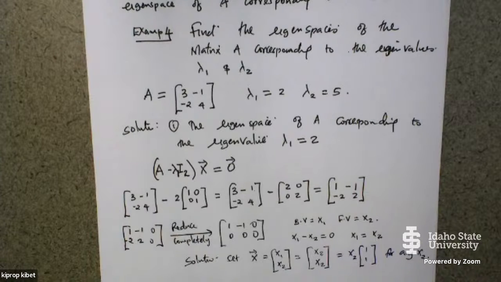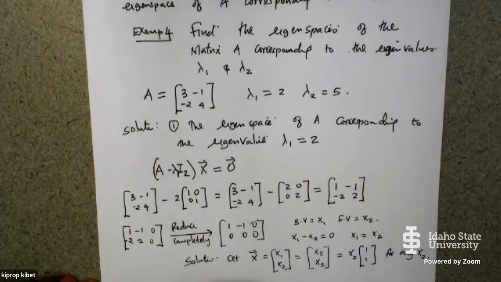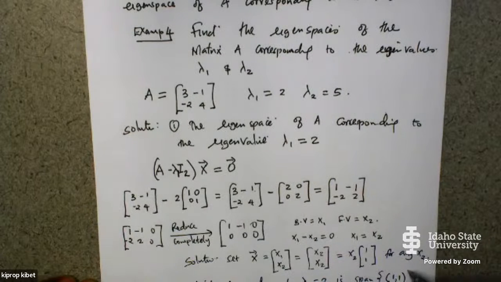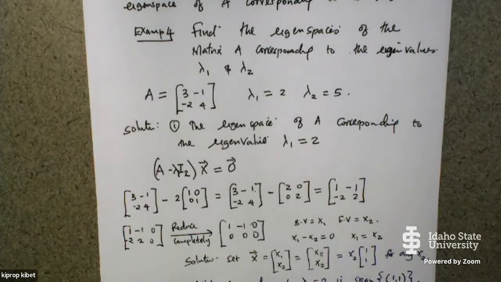And so therefore this is now our basis. So we can say the eigenspace of A corresponding to lambda 1 equals 2 is the span of 1, 1.